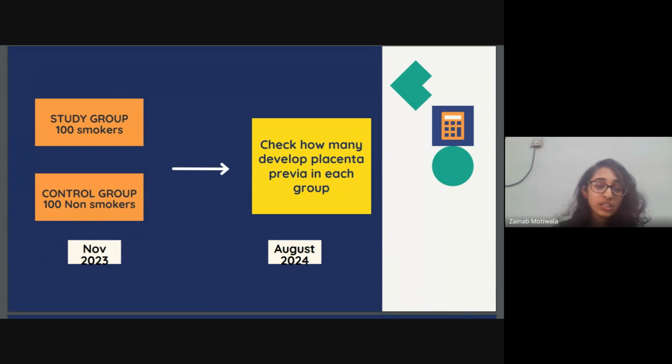We go back in records to November 2023 and look at pregnant women who were smoking versus those who were not smoking, and create two groups of 100 participants each. Then we check our records in 2024, seeing how many actually developed placenta previa over the period of pregnancy. And then we can analyze the results accordingly.